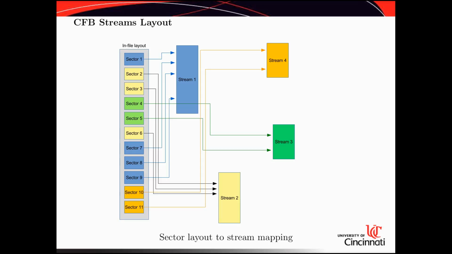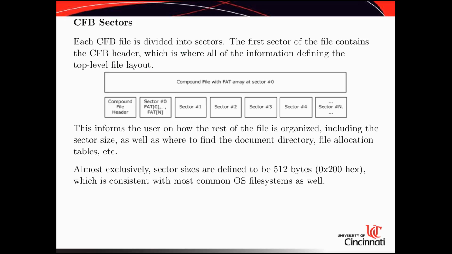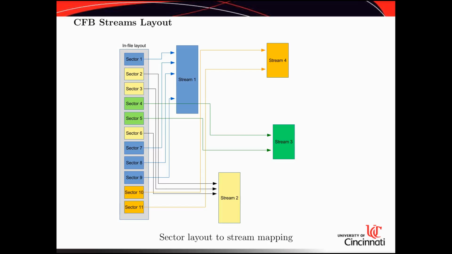So here's a good visualization of how the Microsoft Office program, or any other program that wants to read this, actually has to recreate the file. You look at this right here as the long thing on the left-hand side. What I've done is colorize the sectors according to what streams they refer to.